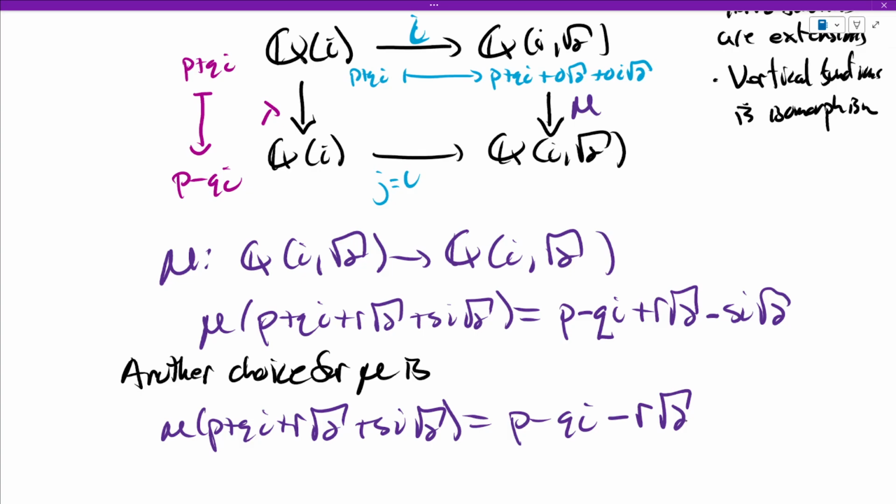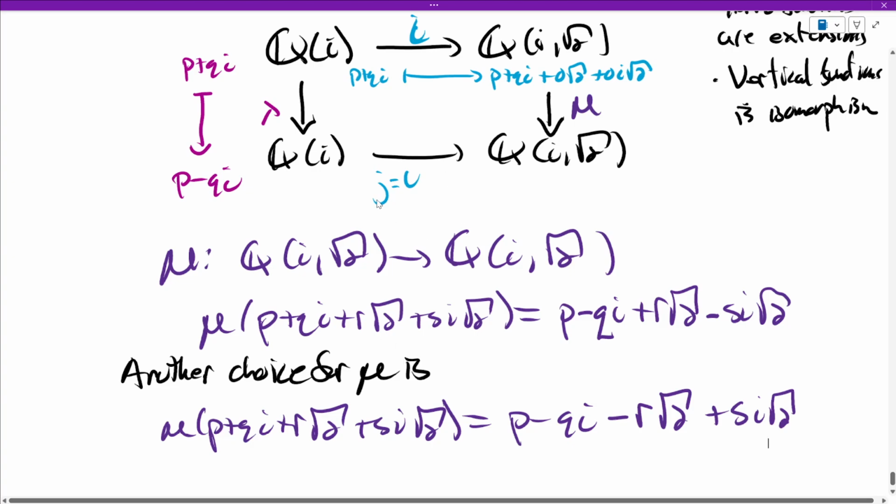That's an acceptable thing. We're doing a conjugation in these different numbers we're adding in. But if we negate i and we negate root 2, we have to negate both the i and the root 2 in the product, but that's two negatives. So that's plus si root 2. And that's another choice for mu. So there's two ways in which we can complete this to an isomorphism of extensions. There's this first way and there's the second way. And in fact, we'll see that that's all the ways.